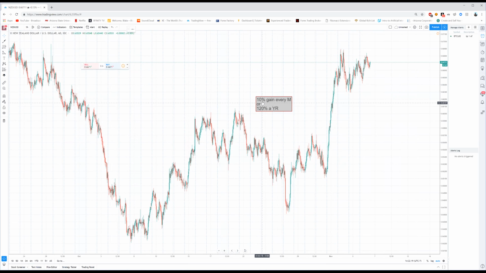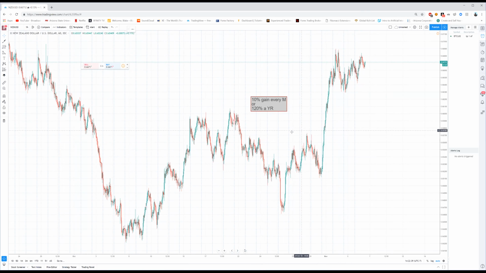If you do that every month, just because of compound interest, you actually triple your money and then you make an additional 10%, I think it was. I'm going to do the math, but it's quite a lot more. It's about 90% more for a year, just in that time frame. So this is just to illustrate how important it is that you use compound interest, use proper risk management, and you're in this for the long run.